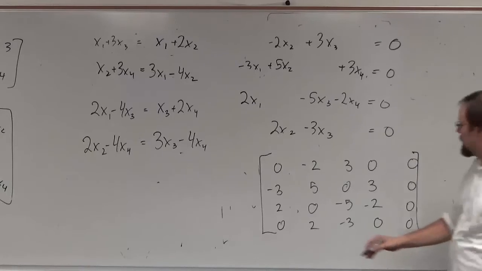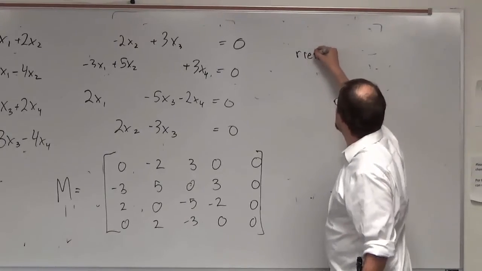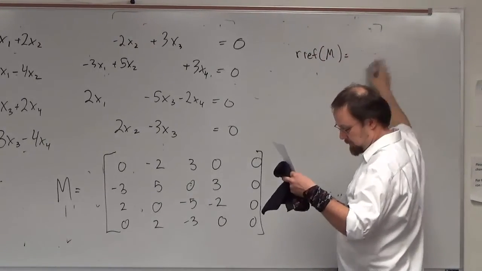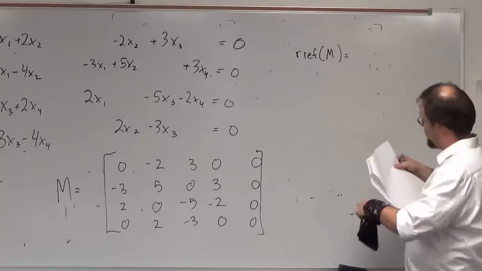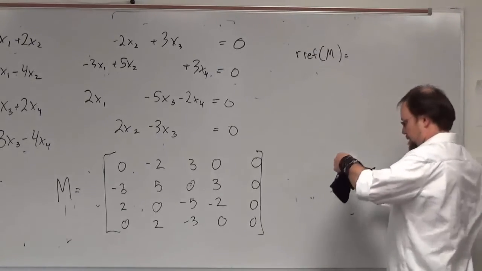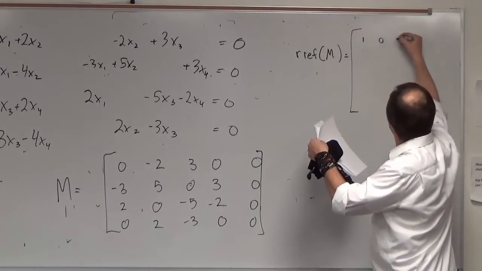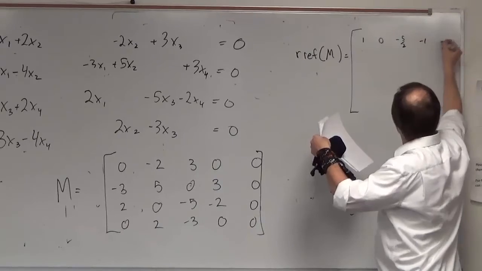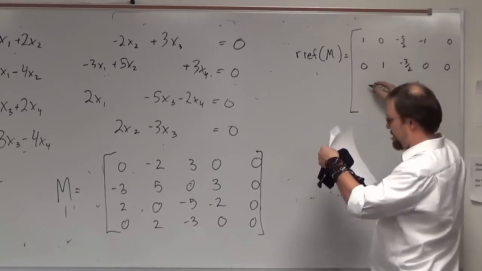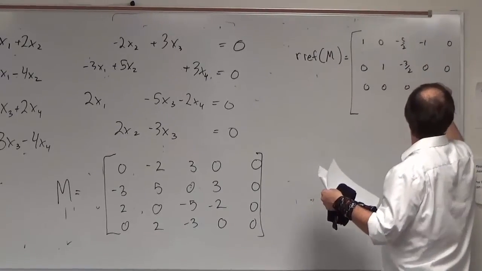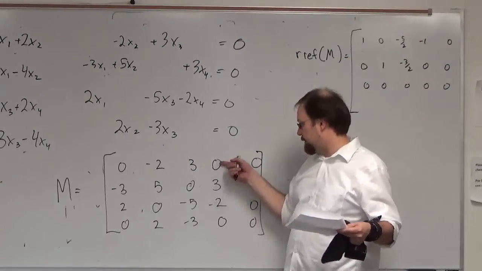That's our augmented matrix, let's call it M. Then the reduced row echelon form of that matrix is, you see right away that these two rows are the same, well, they're negatives of one another, so you can add one to the other.